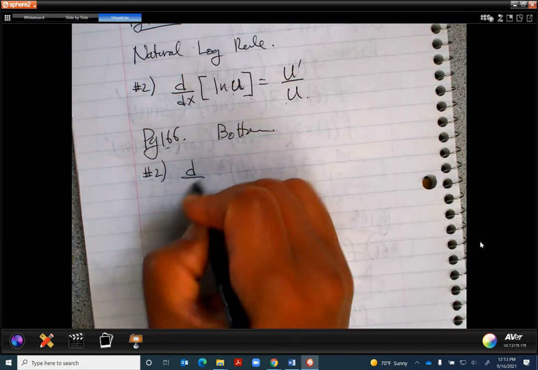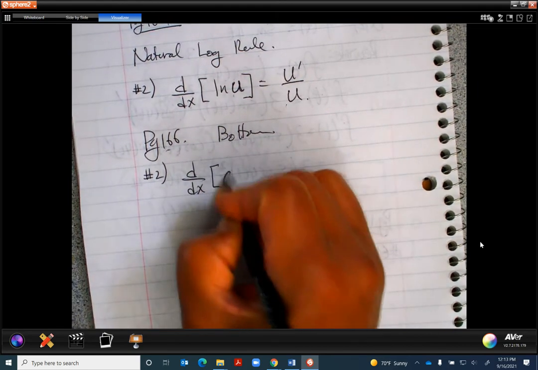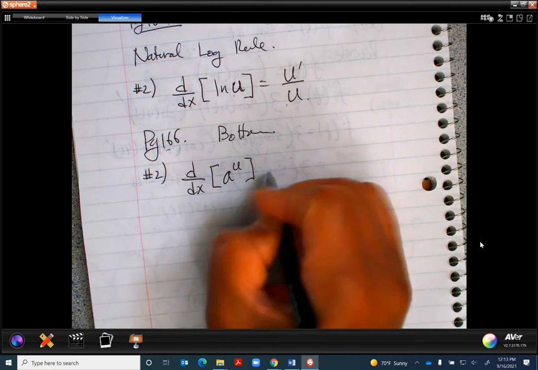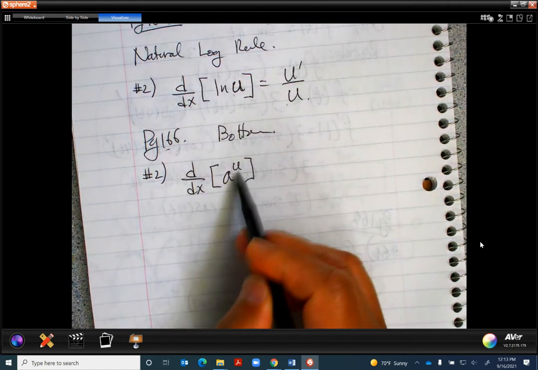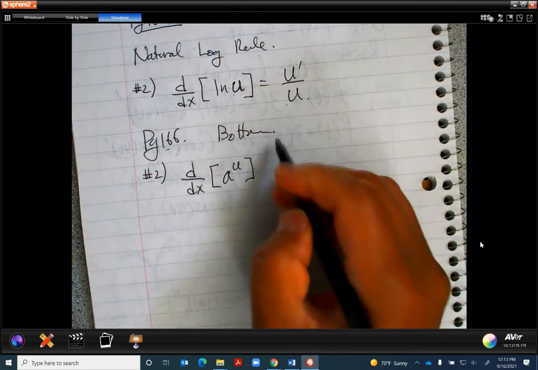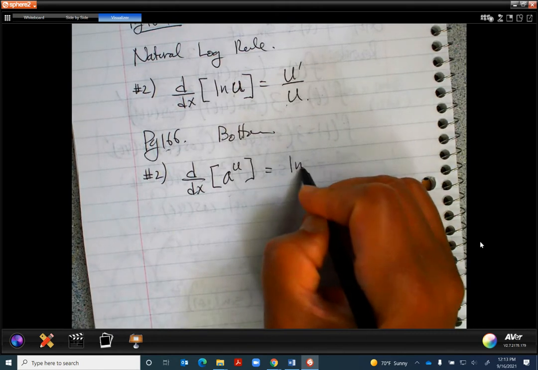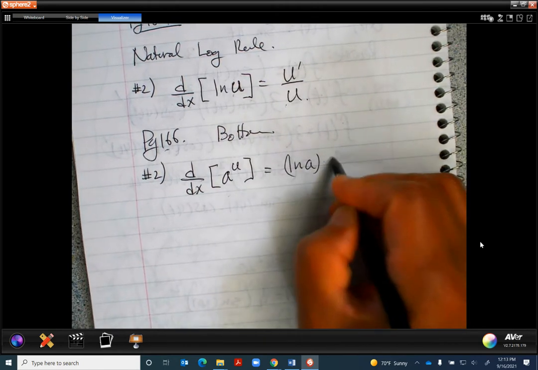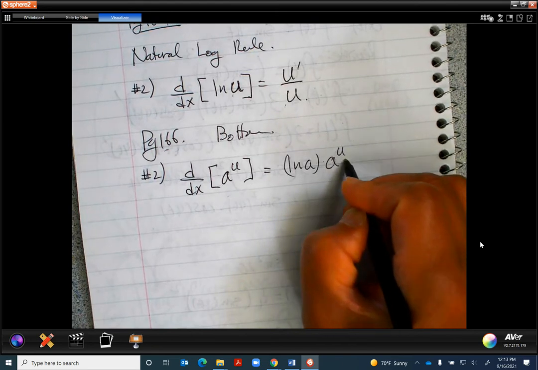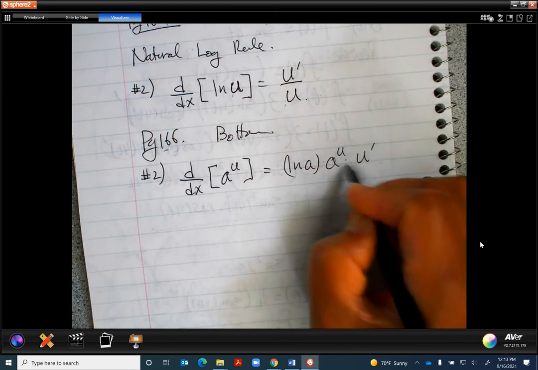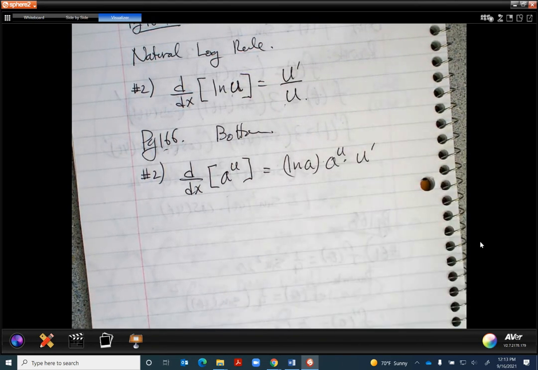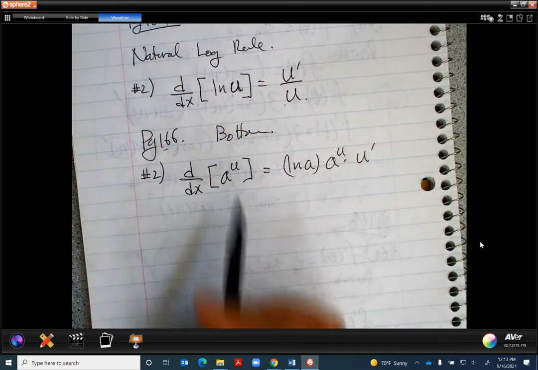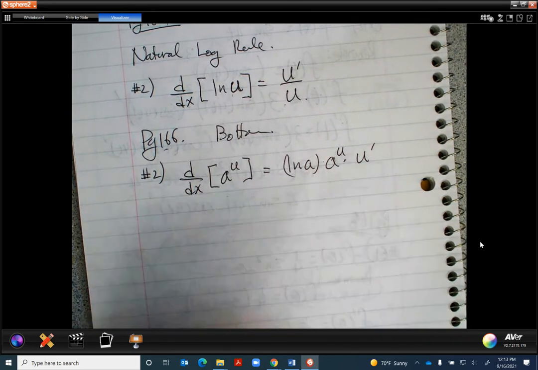This is d over dx, a to the power of u. All right, do you see the exponential rule? Do you see that exponent? It is ln a times a to the u times u prime. du over dx is u prime. So whatever you have there, are there.